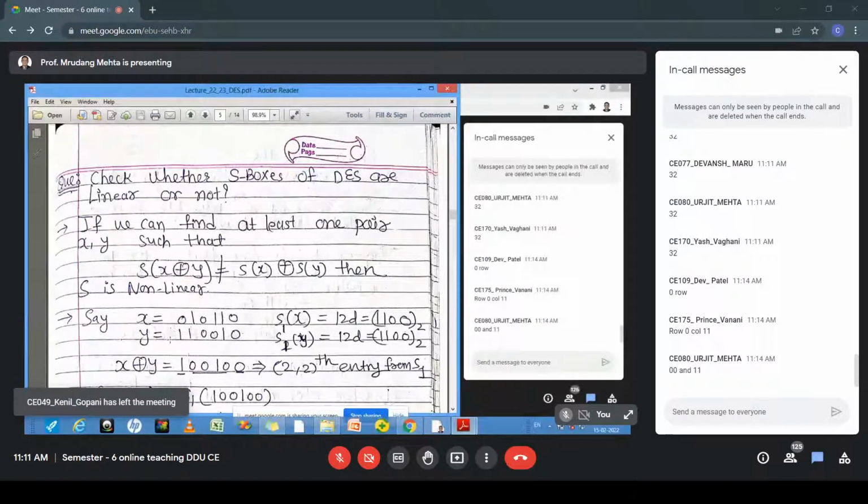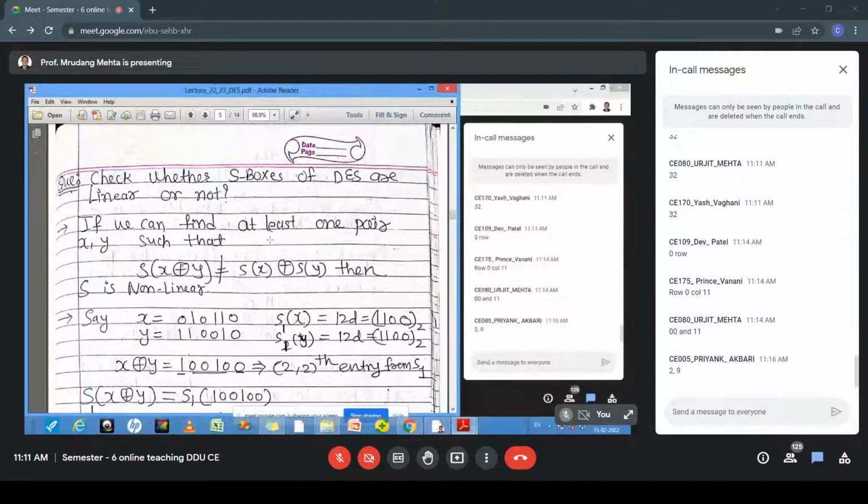So S1Y we want to find. So which row number do we have to observe? Row number 10, first bit and last bit. 10 indicates 2, and the column number is 1001. That means 8 plus 1, 9.